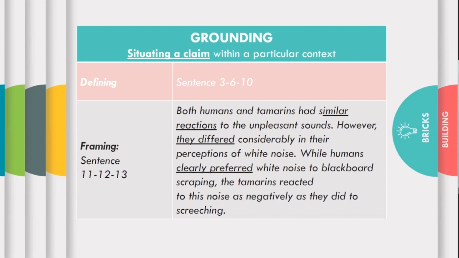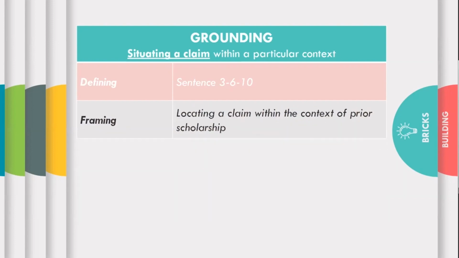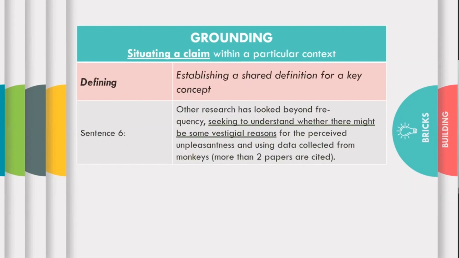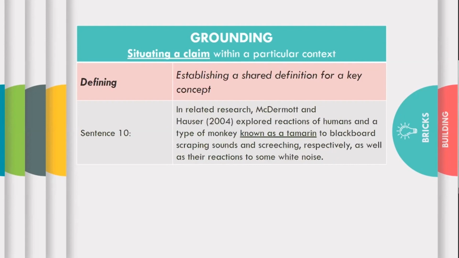I got your question. When we see a definition, so let's say what MacDormand and Hauser explored, it's not about positive and negative. What they explored, that is mentioned. When you are mentioning what has been done, that's defining.